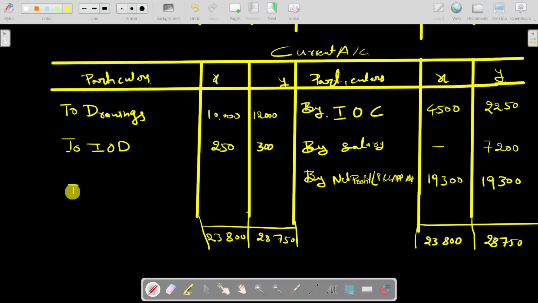How much do we have in credit? 19,300 plus 4,500, 23,800, minus 10,000, minus 250. We will get 13,550. Same like that, 16,450. And this is the current account.